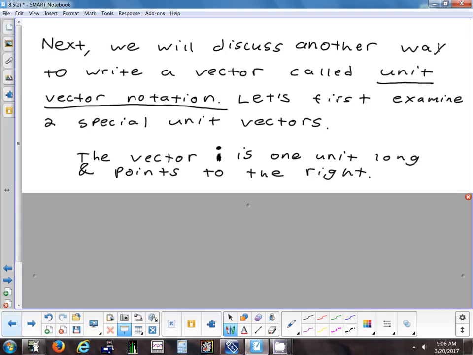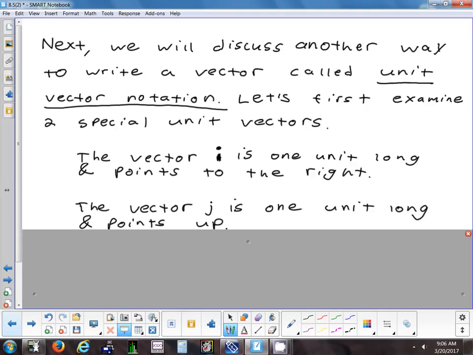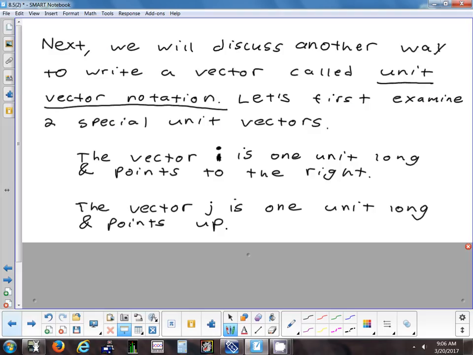The other special vector we're going to look at is j. The unit vector j is also 1 unit long, because it's a unit vector, but this one points up. Since right now we're only working in 2D, that's all we need to think about.